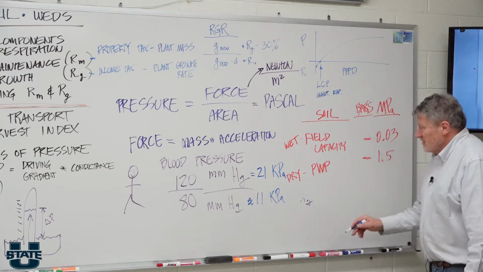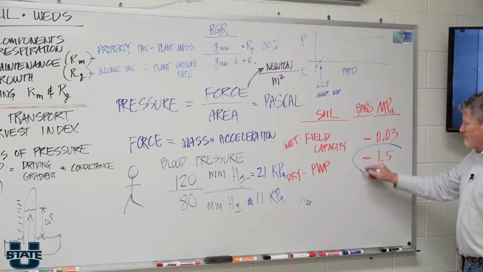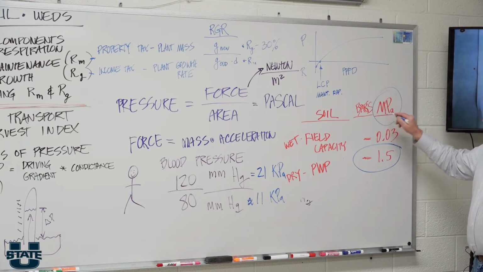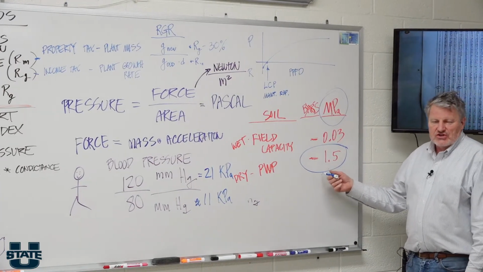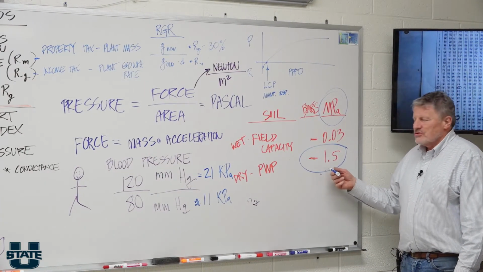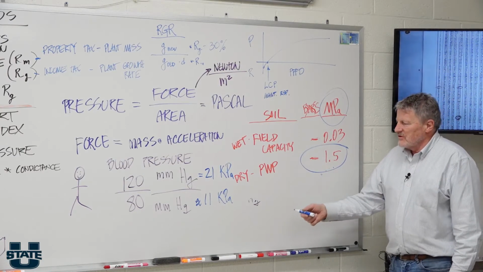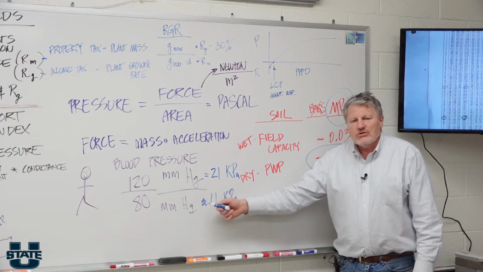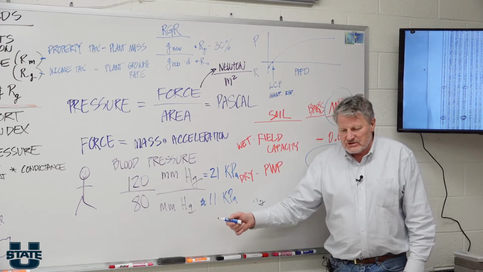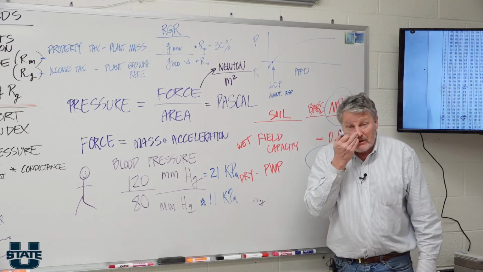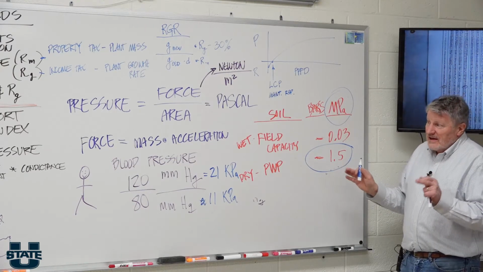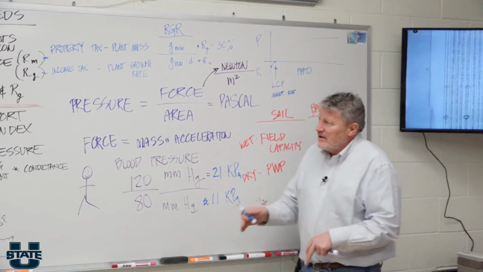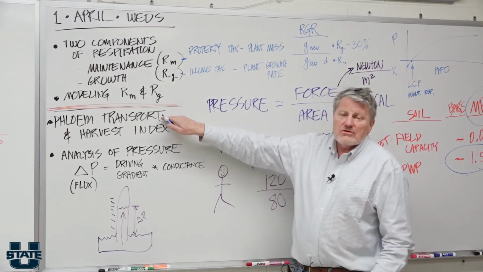Now, plants, wow, megapascals. So plants have much higher pressure and suction systems than people. And it's a good thing, because if we were a high pressure system, you'd cut yourself and bleed to death. But plants have a lot of suction, and then against that, they create a gradient to push things through the phloem.